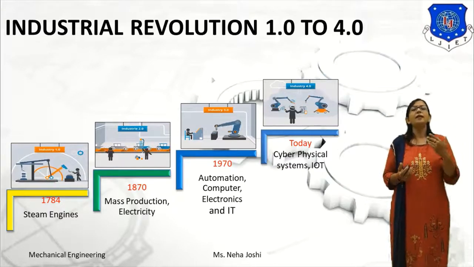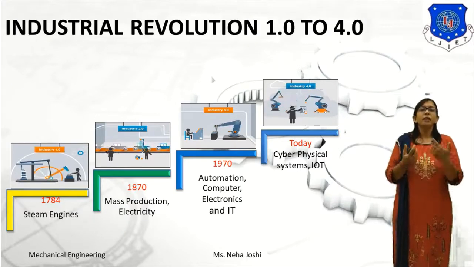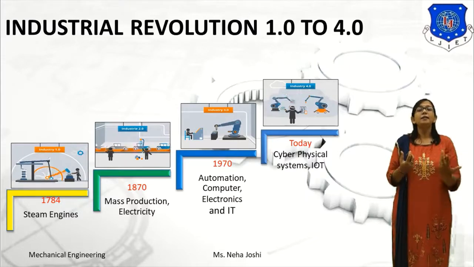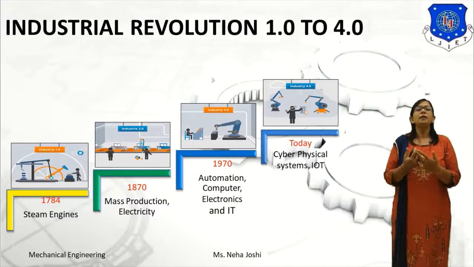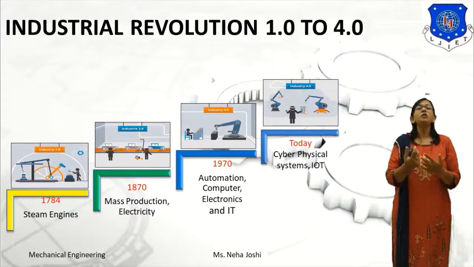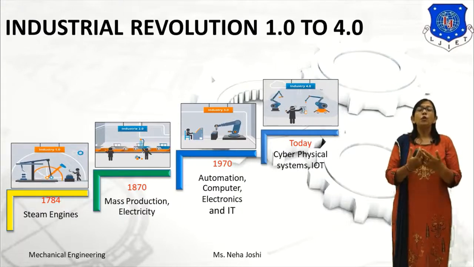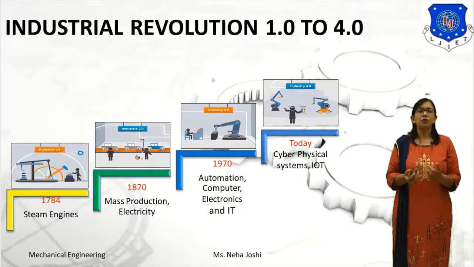First revolution started in 1784 with the use of steam engine. Second revolution started in 1817 when electricity was used for mass production. Third revolution came in 1970 when automation was introduced with the help of computer, electronics and information technology. Today, industry uses Internet of Things and cyber physical systems for automation.